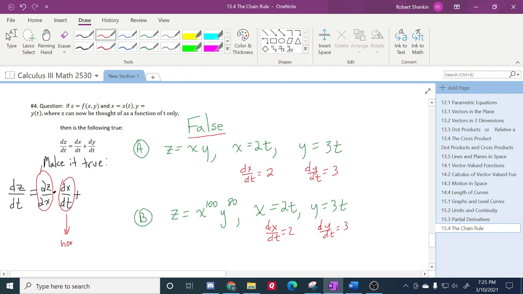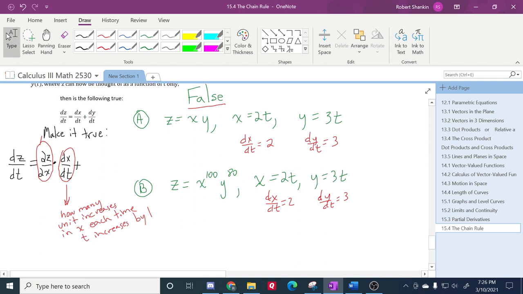How many unit increases in x each time t increases by 1? And notice that's going to be 2. T goes up by 1, you get 2 unit increases in x.